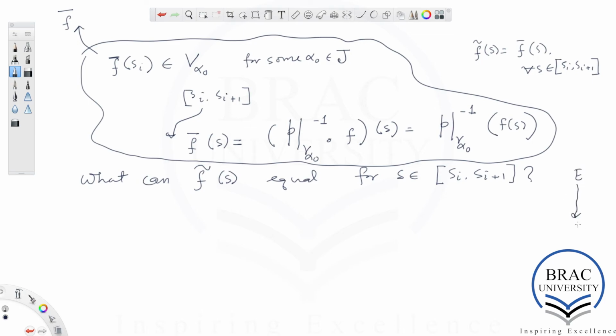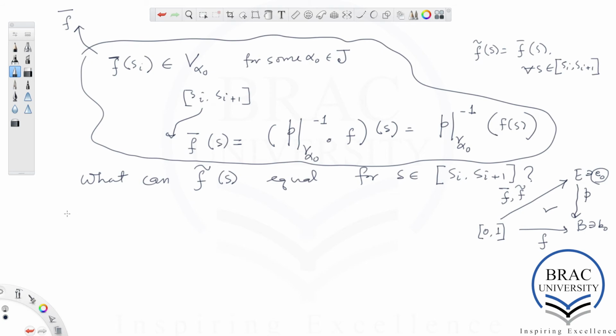From E to B is the covering map P, and there is this path F in B that starts at the point B0, and we are assuming that there are two lifts F bar and F tilde starting at the point E0. This is the commutative diagram.